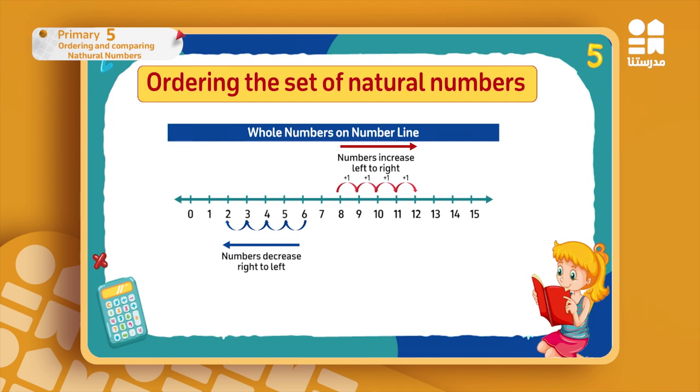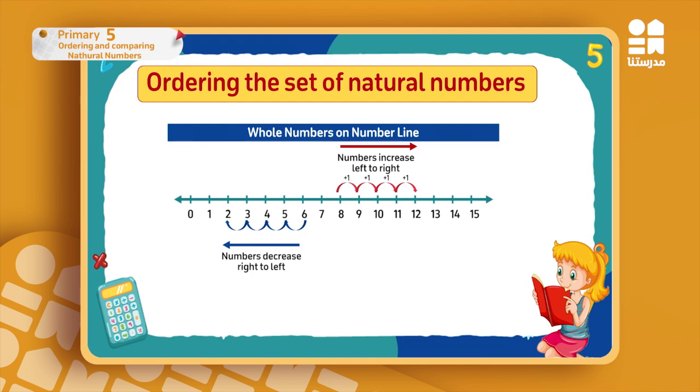It's infinite. Okay? So look at the red arrow. Here I grow by 1. As you see, when I move from left to right, this means that the numbers increase. While down here, if you look at the blue arrow, you will notice that the numbers move backward or become smaller. So this means that my numbers decrease.